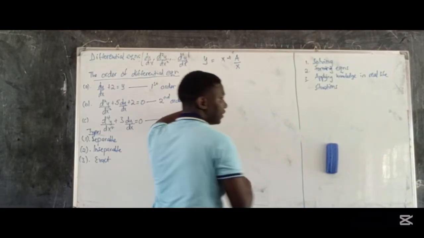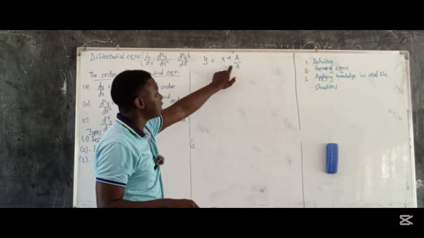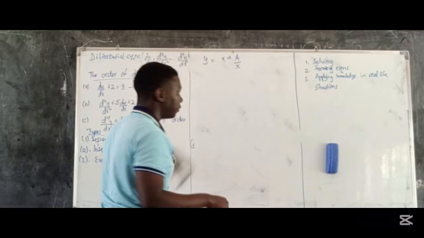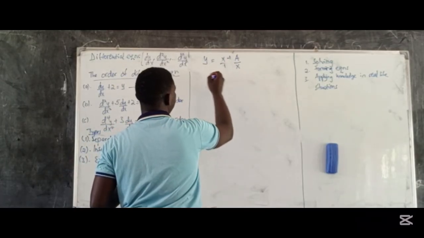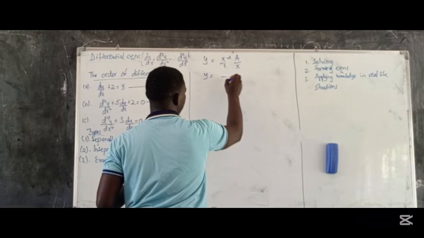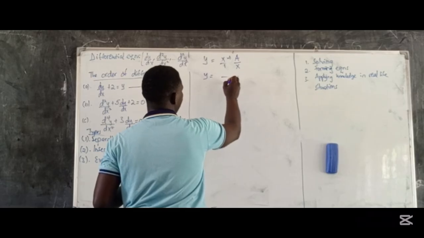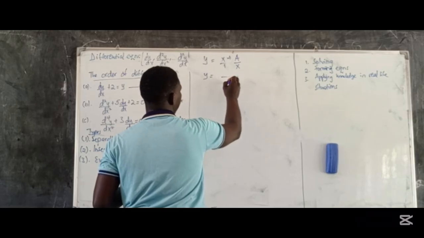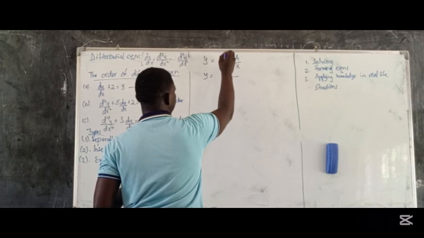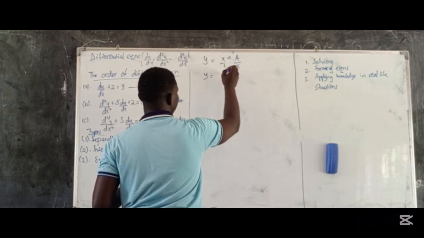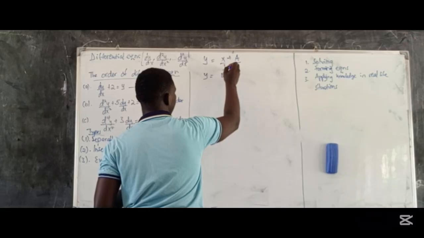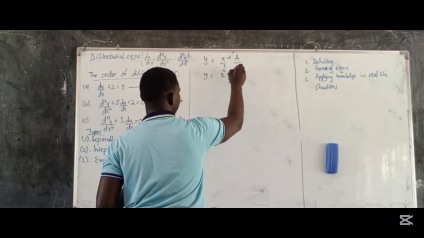So first things first, I look at making a the subject of the formula. How will I do that? That's basic mathematics. We shall come here, y equals, the LCM will be x, then we can have x divided by 1 times the x here, we can have x squared, then plus a.